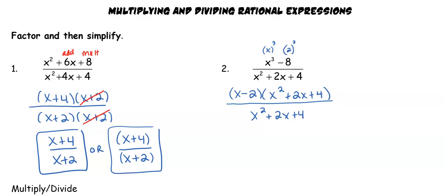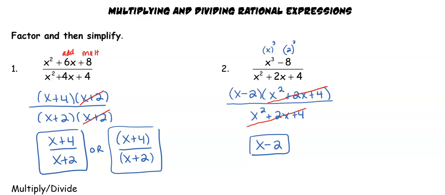So I look to see what I can do. I've got x squared plus 2x plus 4 on top, and I've got x squared plus 2x plus 4 on the bottom. And just remember that we don't cancel individual pieces, we cancel the whole term, the whole expression at once. So here, the only thing I have left is x minus 2. There's nothing left on the bottom, so we no longer have a fraction, we just have x minus 2.